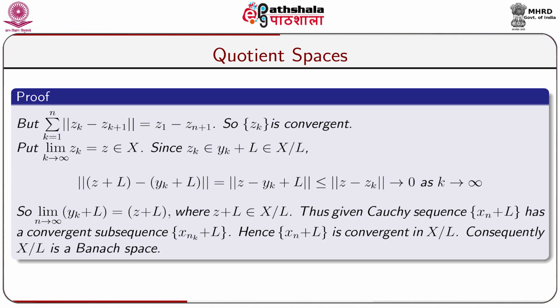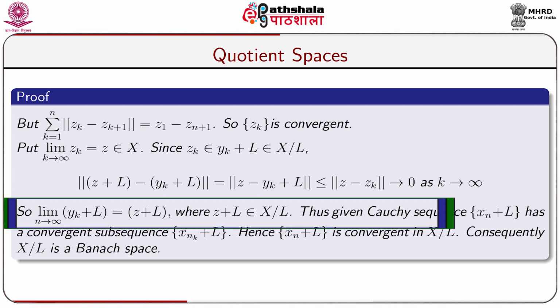So the norm of (z + L) − (yk + L) equals the norm of (z − yk) + L, which by the infimum property of the norm in X by L is less or equal to the norm of z − zk. As the limit of zk is z, the norm of zk − z tends to 0 as k tends to infinity, and hence the norm of (z + L) − (yk + L) goes to 0 as k tends to infinity.